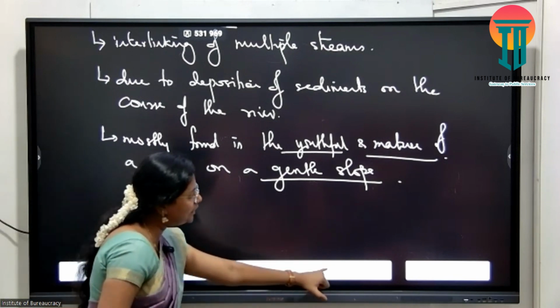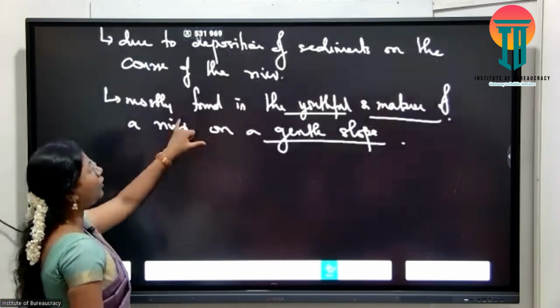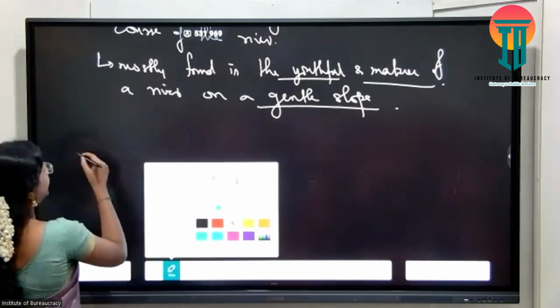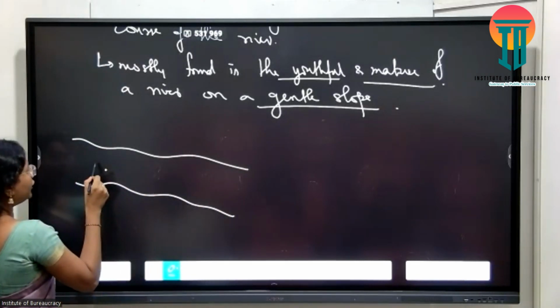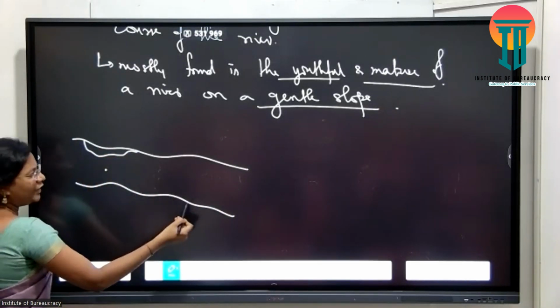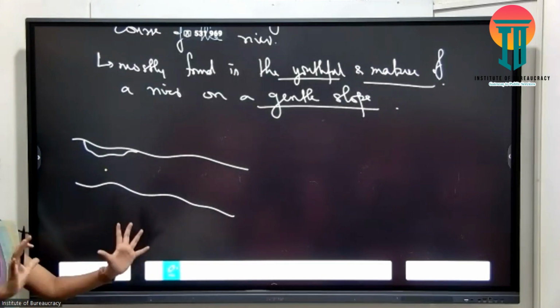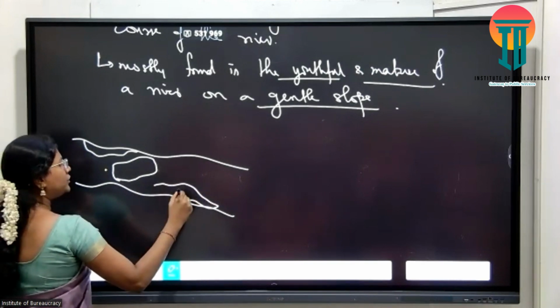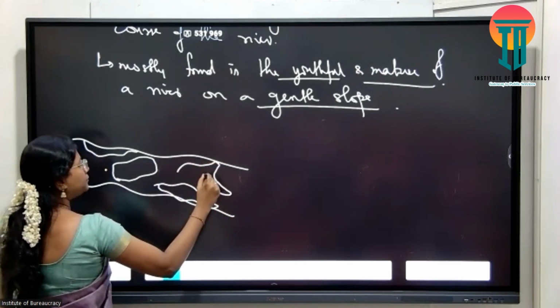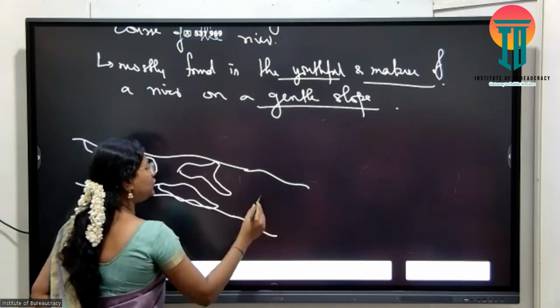அந்த appearance எதனால வருது? ஏன்னா அந்த ரிவரோட கோர்ஸ்ல, this is my river, ரிவரோட normally river deposits are found along the sides of the river. இங்க என்ன ஆகும்? That river would deposit along the coastline as well as on the course of the river.